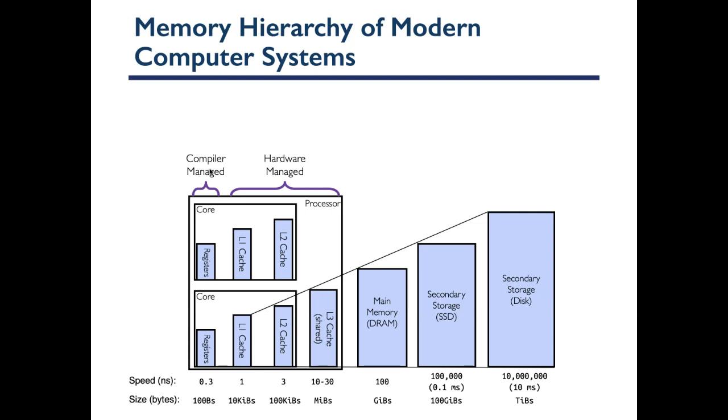Although there are cases where you actually optimize your code based on the amount of cache that is available to you. I've actually seen this in many research areas. People want to have the fastest code possible.